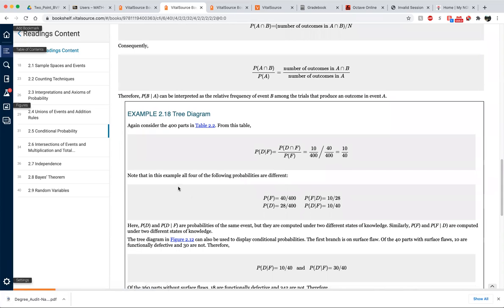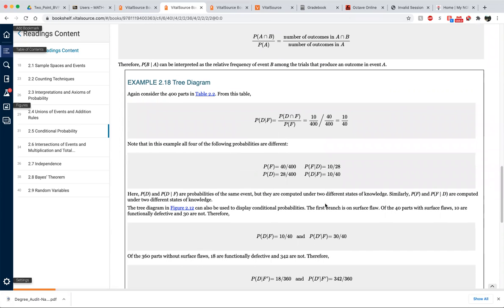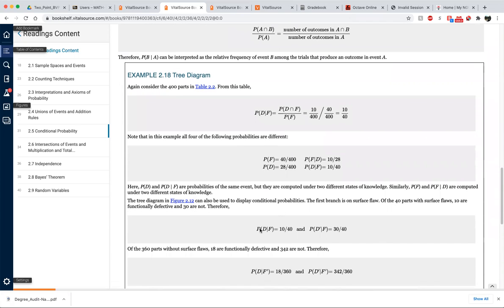Note that in this example, all four of the following probabilities are different. So that's what we have figured out so far. Now, what about this? P of D given F is 10 over 40, and the complement of D given F is 30 over 40. It makes sense.